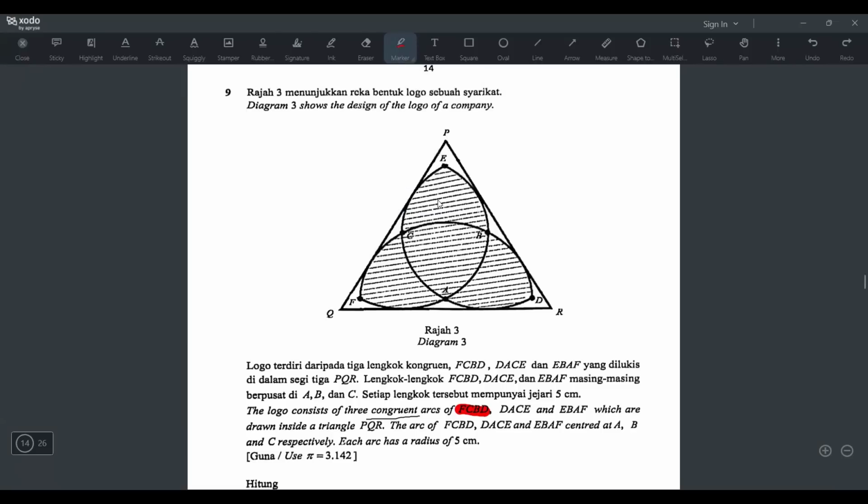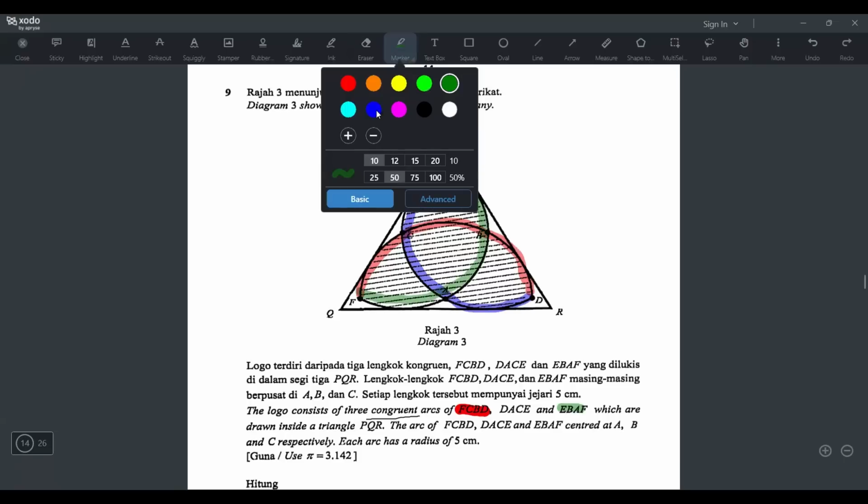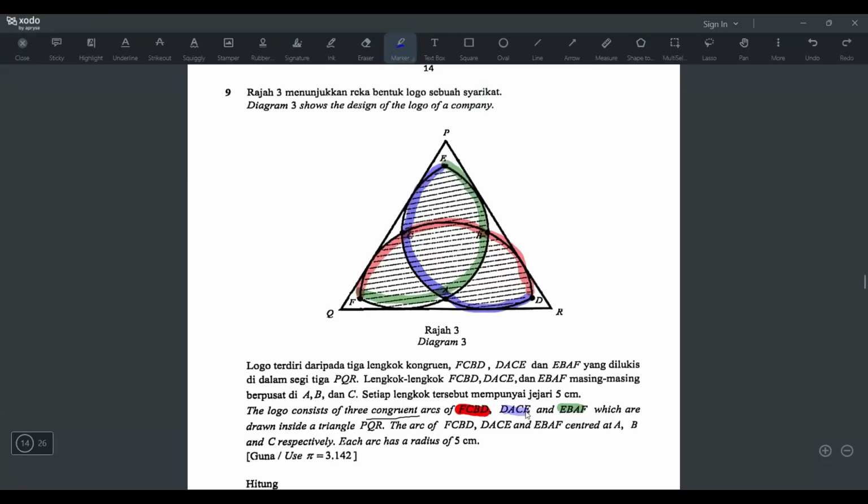So FCBD is here. Like that. And then blue color, and then DACE. Okay, like that. Okay, and then let's use another color, green color. Green color is this one, EBAF. Okay.